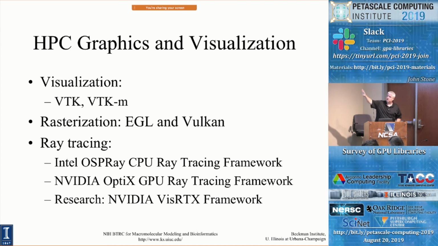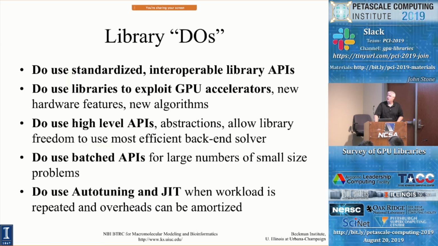And then there are lots of libraries for much higher end image rendering and visualization. So examples of those are OSPRay and OptiX, and VisRTX is a new visualization framework. So all these things are out there. There are, of course, libraries for graph analytics and lots of other types of statistical information. When they're open source, it's good to look inside under the hood so you know what you're getting.